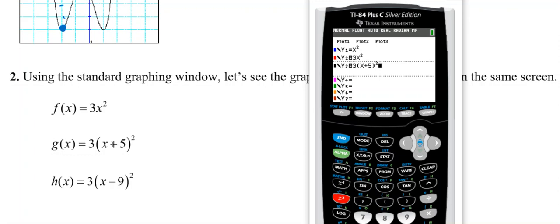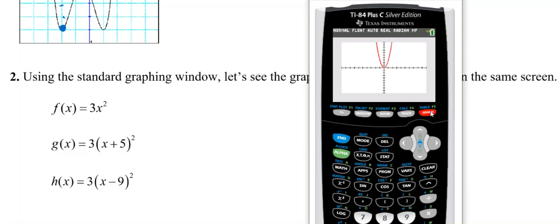And intuitively, you might think that it should go 5 units to the right, but let's see if it does that. Oh, look at that. It shifts 5 units, 1, 2, 3, 4, 5, to the left. So you can see when you have plus a number inside the parentheses affecting the x, you have to apply that to x first before you perform all the other operations of the function. Then it shifts it to the left.